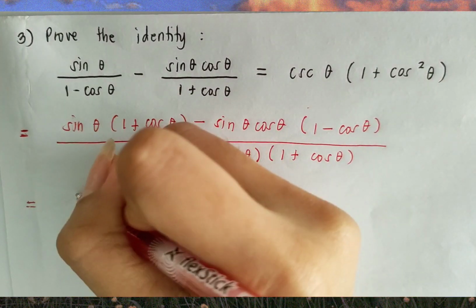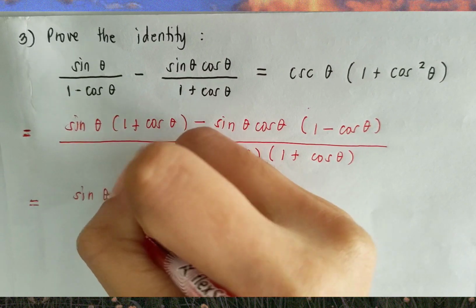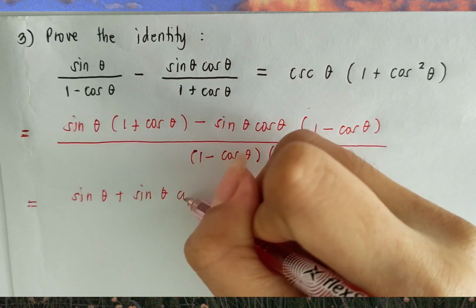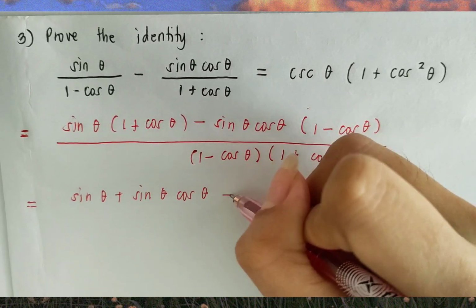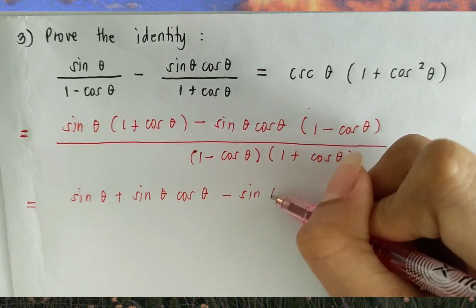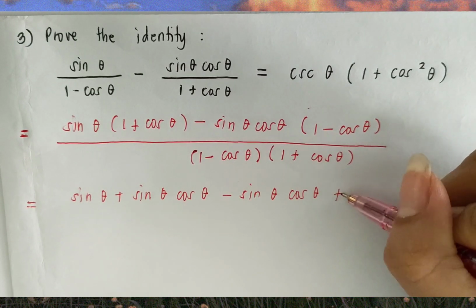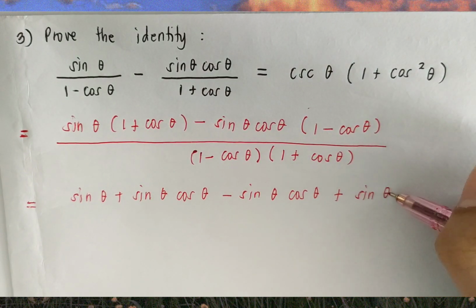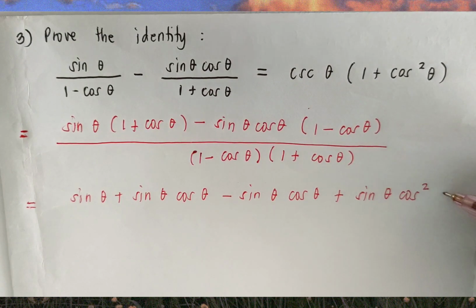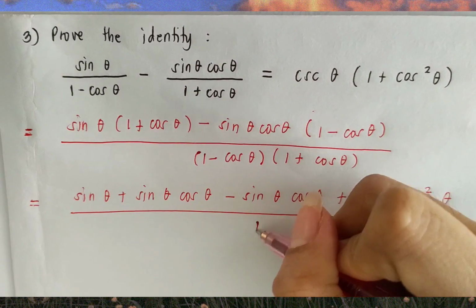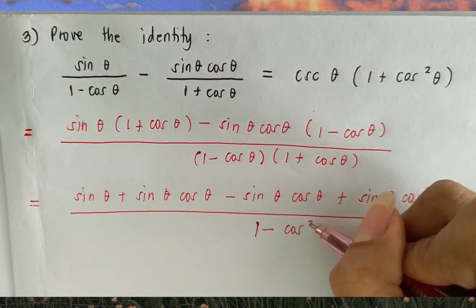Okay, so we have here sine theta plus sine theta cosine theta minus sine theta cosine theta plus sine theta cosine squared theta all over 1 minus cosine squared theta.